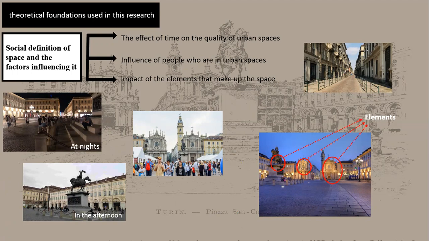Based on this and on the study conducted by the members of the group from the sources mentioned above, we divided the factors influencing social interaction into three general categories. The first one, the effects of time on the quality of urban space. Number two, the influence of people who are in urban space, and number three, the impact of the elements that make up the space. Next slide.